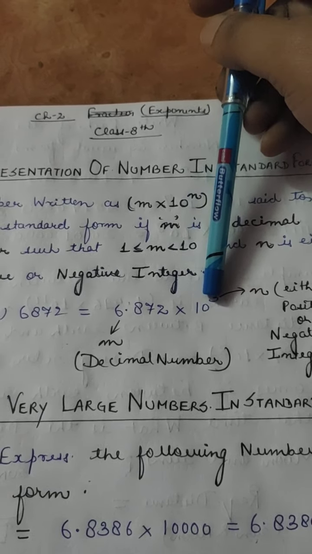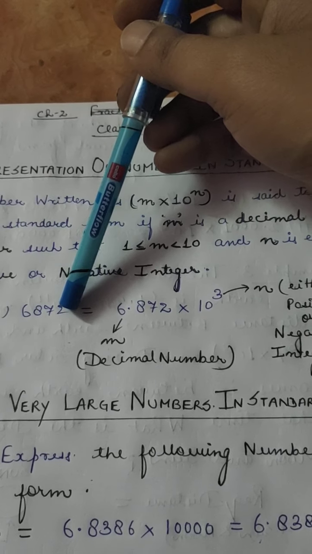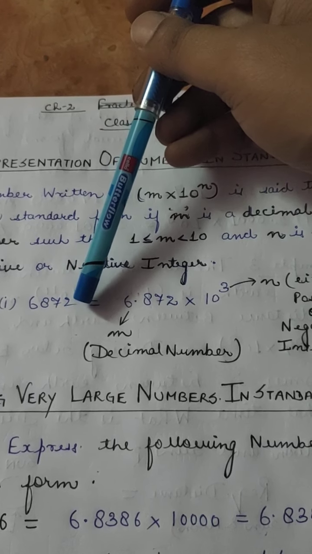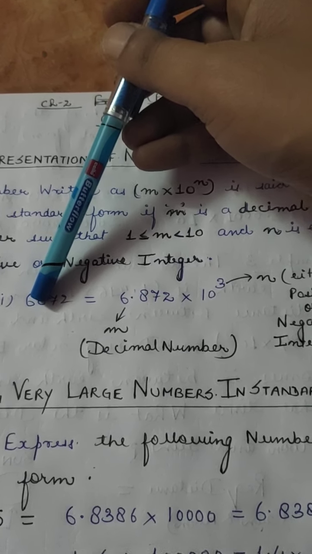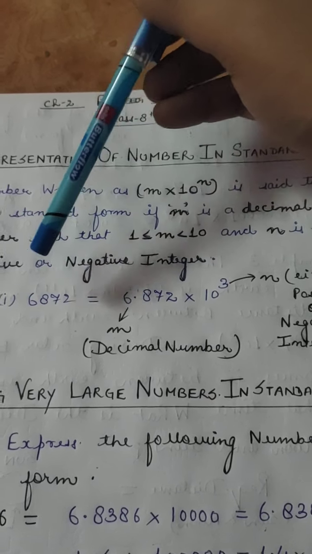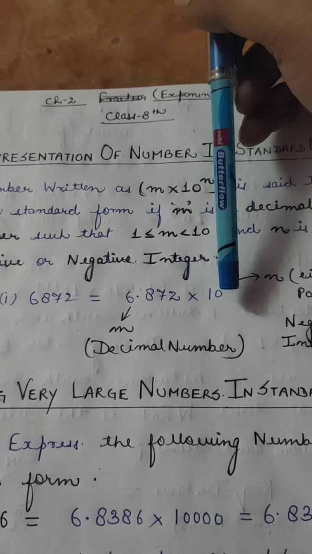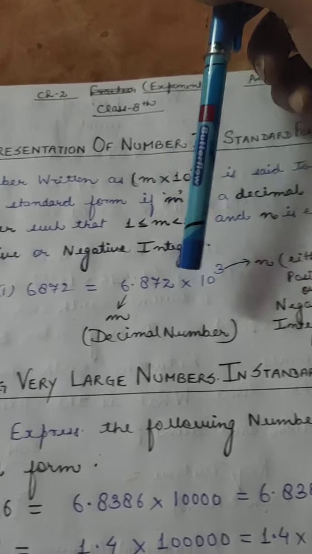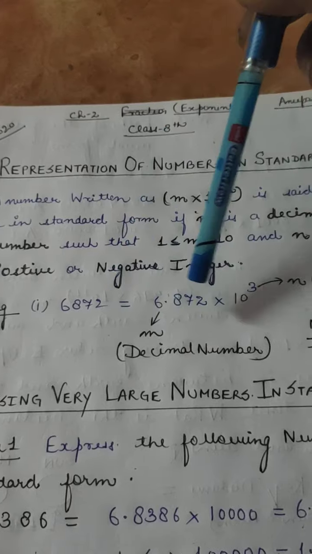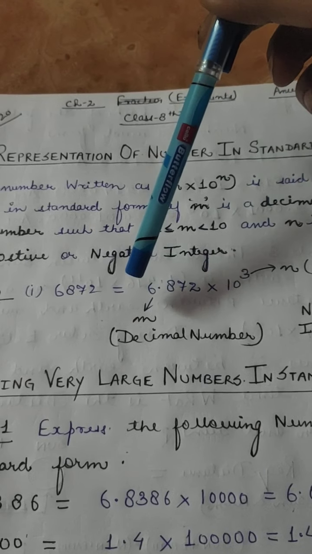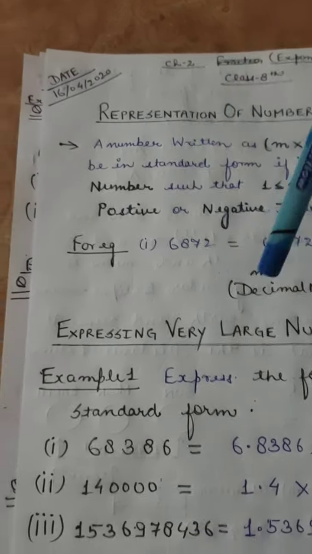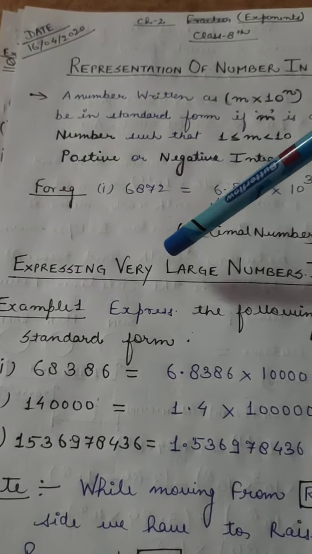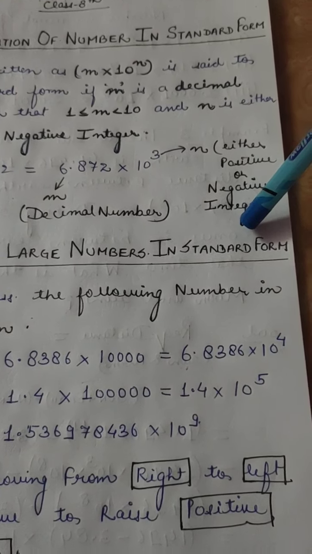The 3 comes because we moved 3 places from right to left, and hence I have put a positive power of 3. This is the standard form representation of the given number.